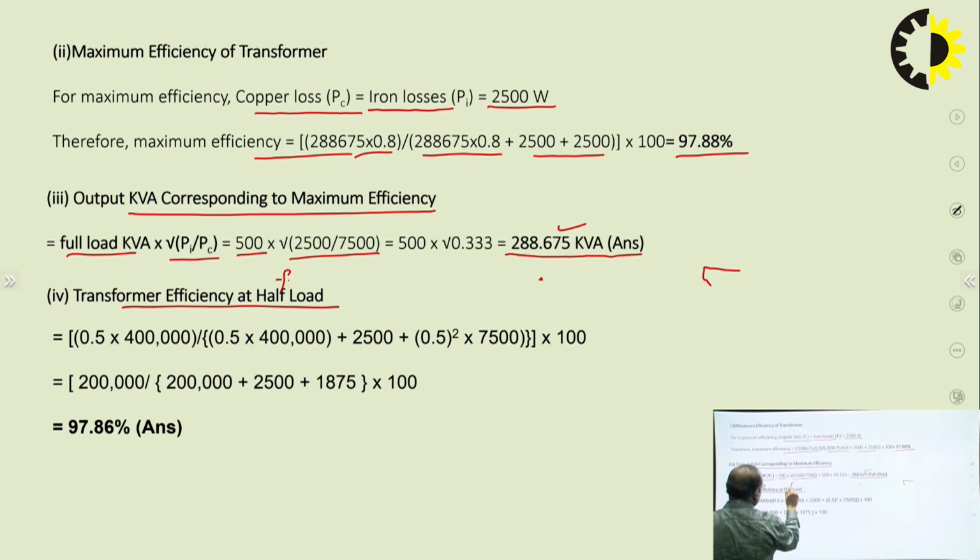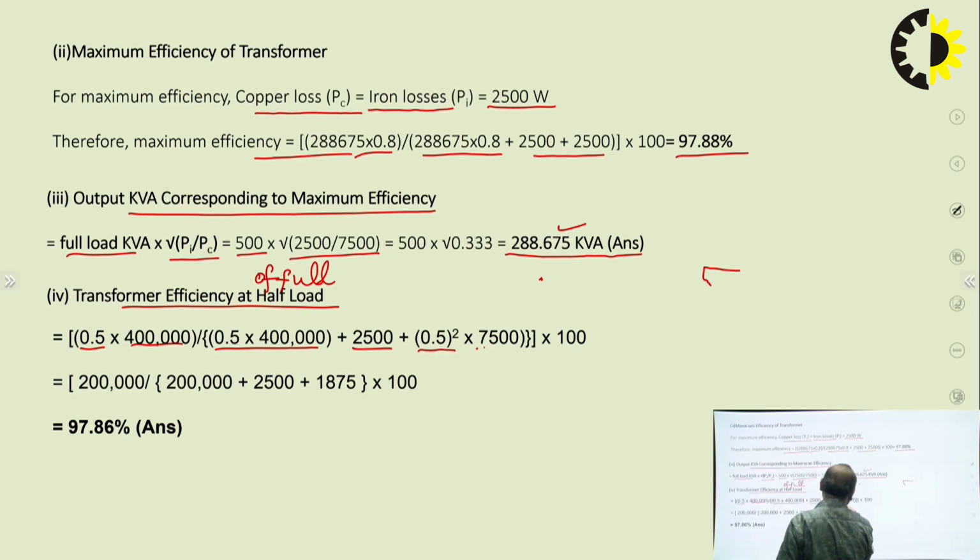Now last part, transformer efficiency at half of full load. This is half of full load. So this is 0.5, that is half of full load, divided by input power, half of full load, plus iron losses that are constant 2500 watt plus copper losses at half of full load. So this is 0.5 square into 7500, where 7500 is full load copper loss. It is multiplied by 0.5 square since load becomes half, and copper losses are proportional to square of the load current.